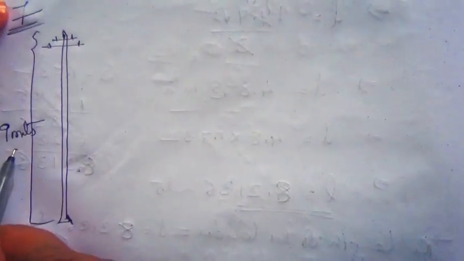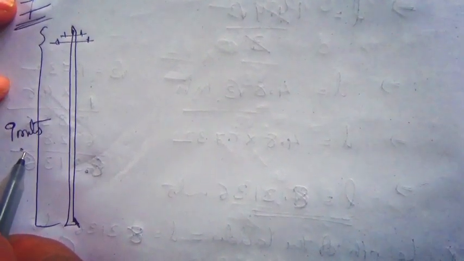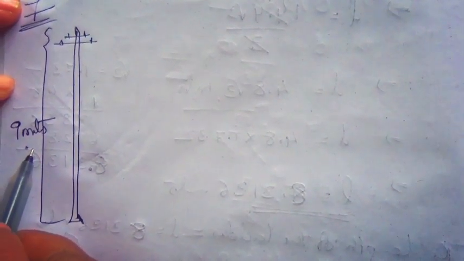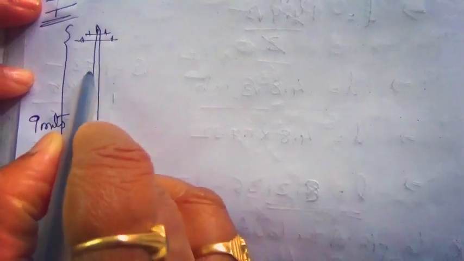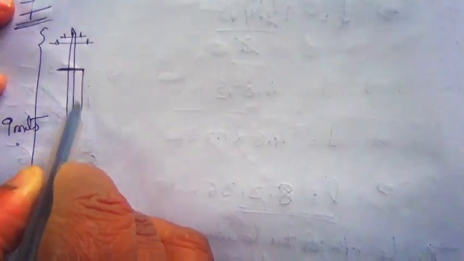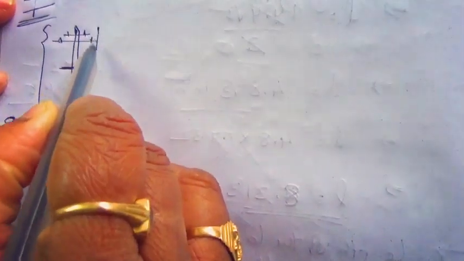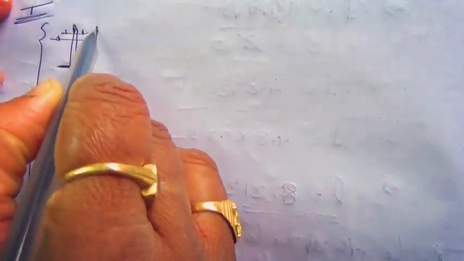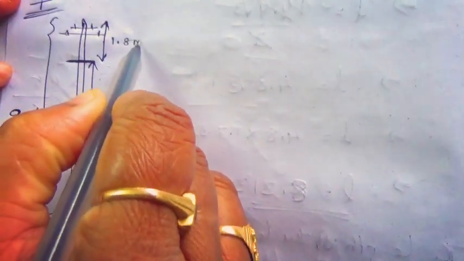The total height of this pole is 9 meters. He needs to reach 1.8 meters below the top. So he needs to reach up to here. He left 1.8 meters at the top. Up to here he reached.